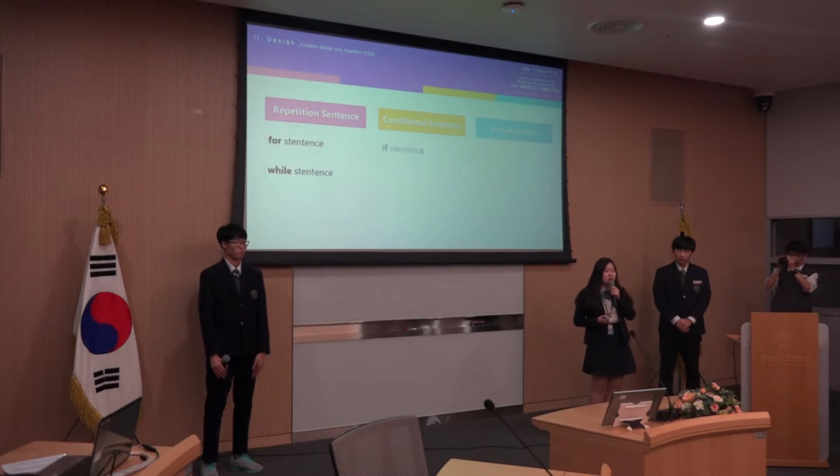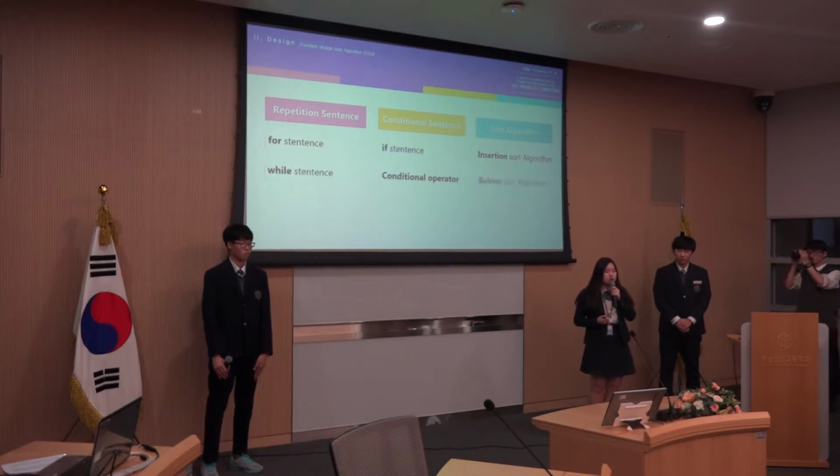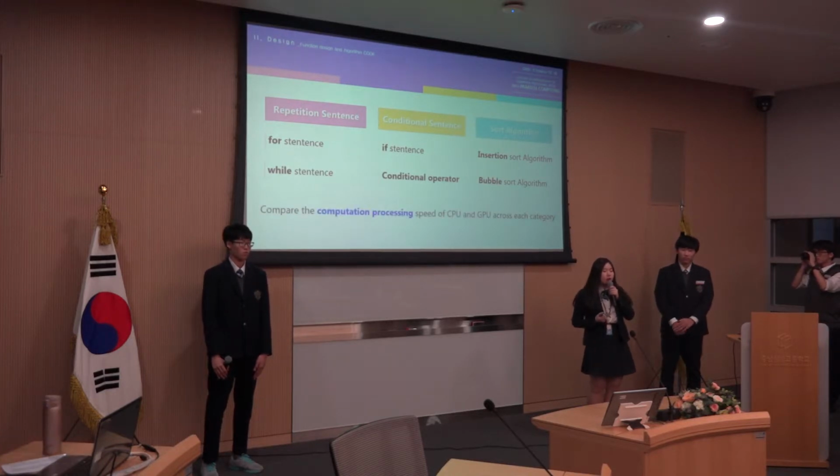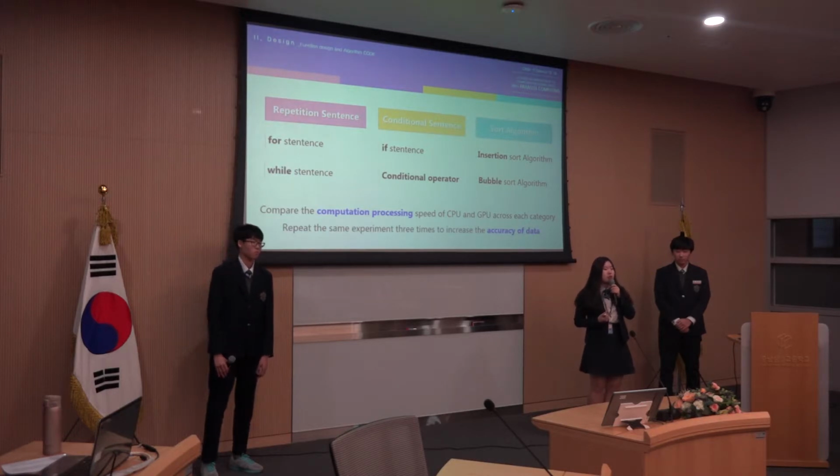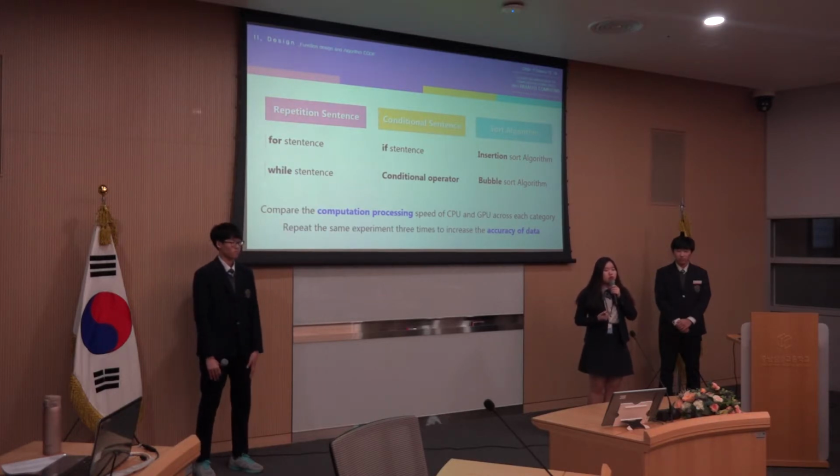And there are two subcategories for each. We will design functions and compare the computation processing speed of CPU and GPU across each category, and repeat the same experiment 3 times to increase the accuracy of data.